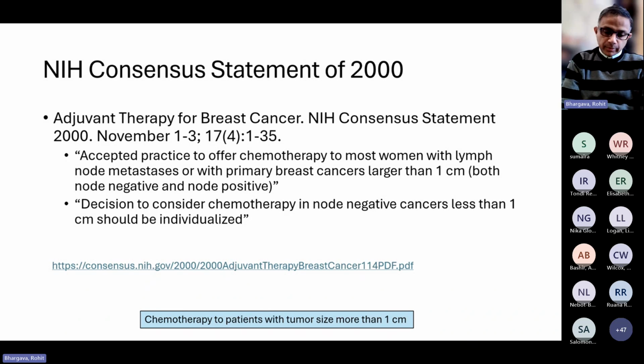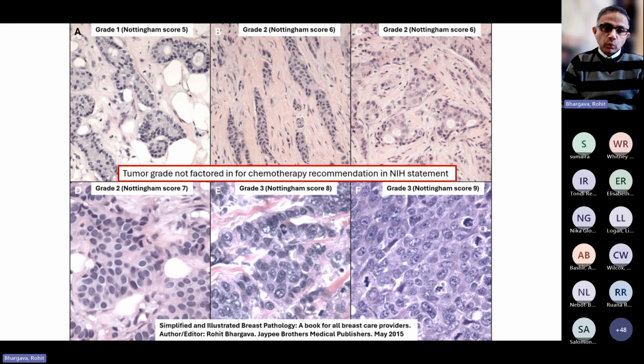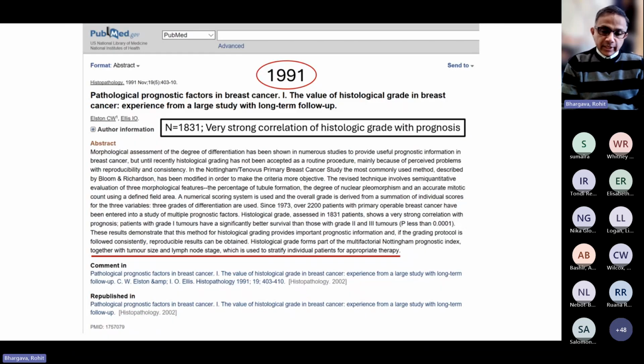However, one critical piece of information was never considered in this NIH consensus statement. As pathologists know, grade 1 tumors and grade 3 tumors are two very different diseases, but there was no mention of tumor grade in the NIH consensus statement. And it wasn't like the data didn't exist.